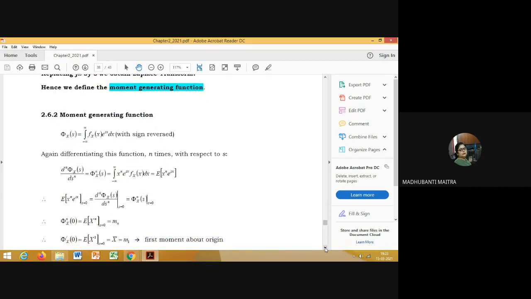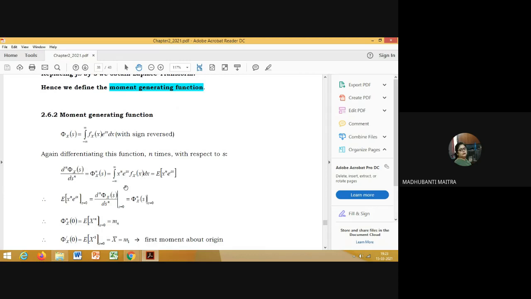Differentiating this function n times with respect to s, we get d^n phi_x(s) / ds^n, which is denoted by phi_x^(n)(s), as it will give us the nth moment. That is equal to the integral from minus infinity to infinity of x to the power n e to the power s x f(x) dx.